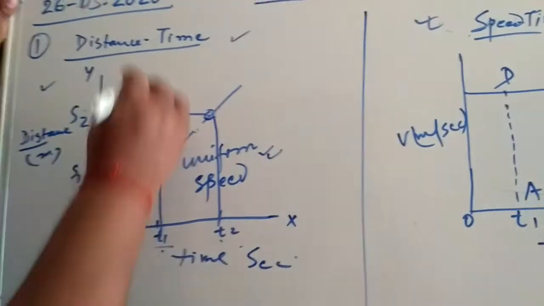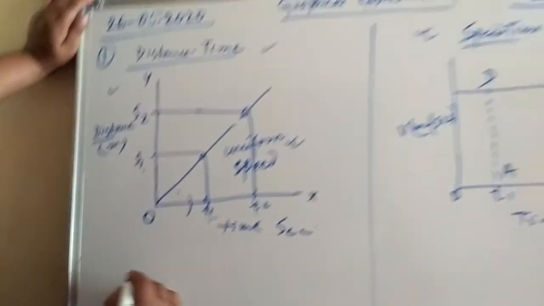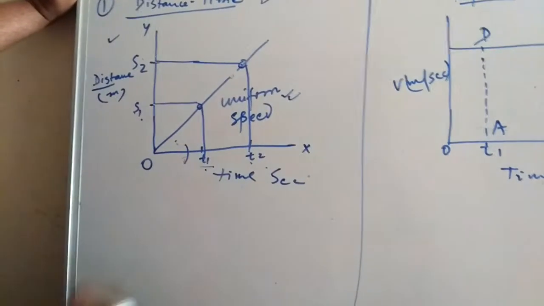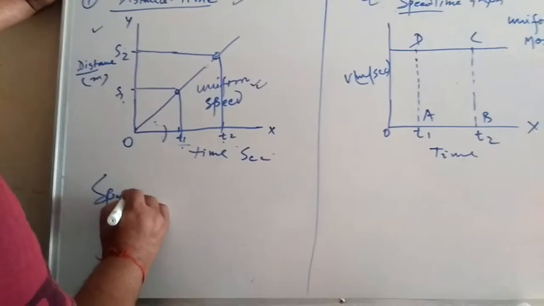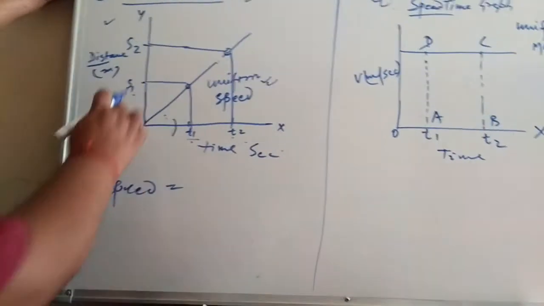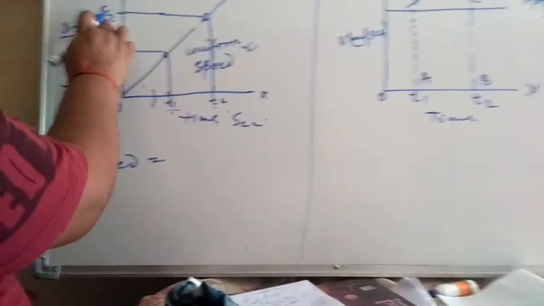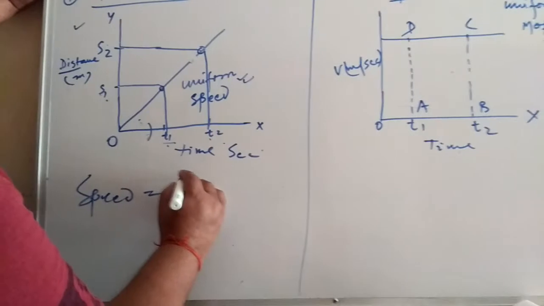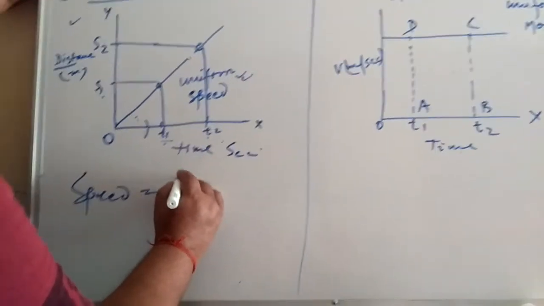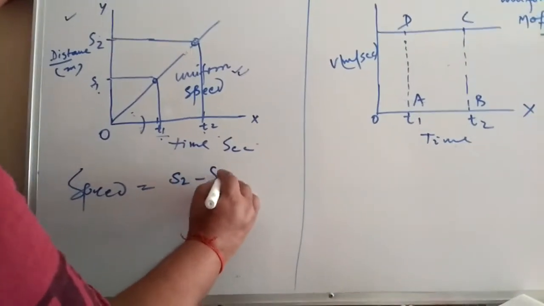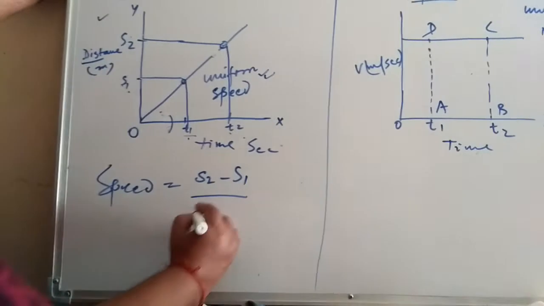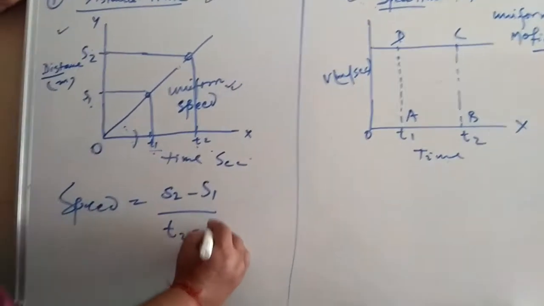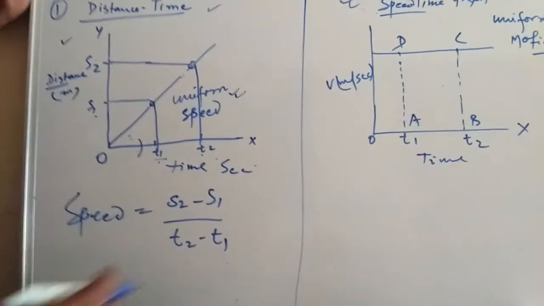So from this graph we can calculate the speed. Here you see there is s2 and s1. The speed means distance by time. So the distance is s2 minus s1 from the figure, and the time is t2 minus t1.